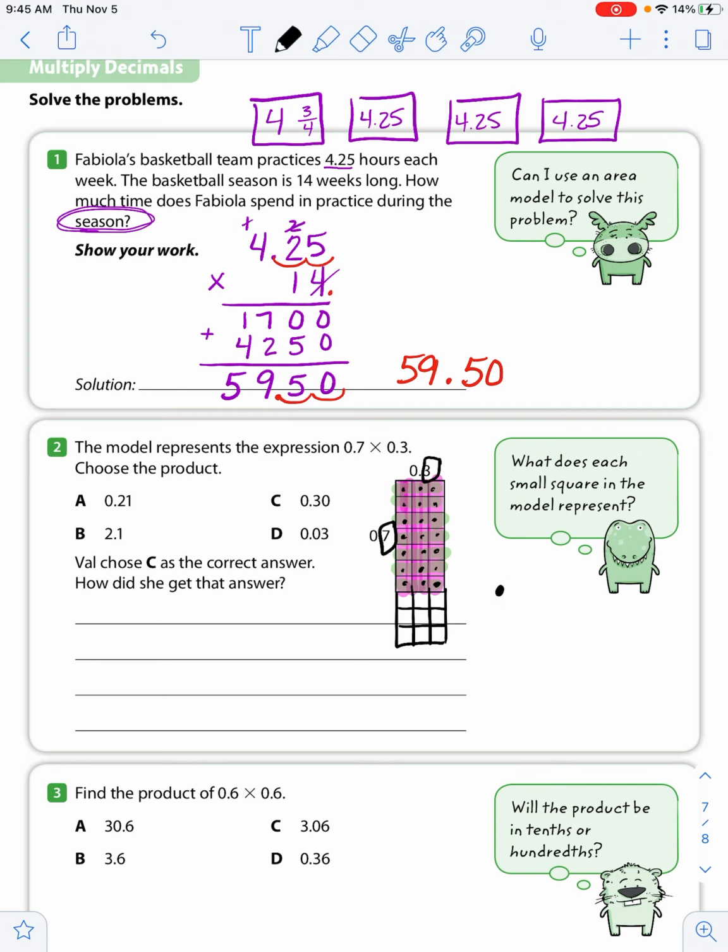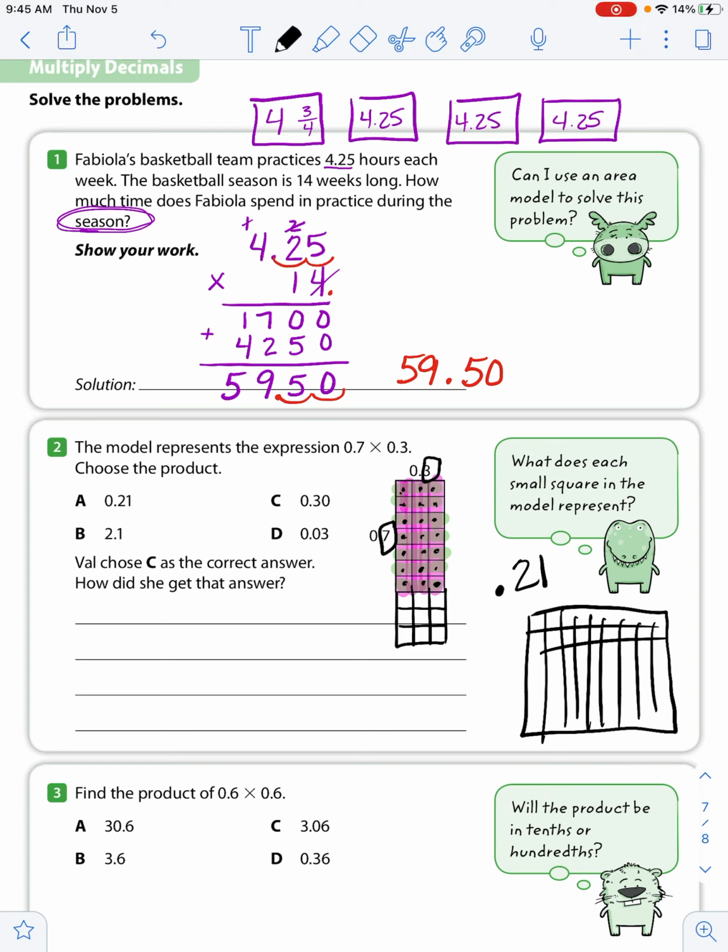So that means there are 21 hundredths shaded, because remember, these are each hundredths on a big hundredths chart where there's 10 across, 10 down. This picture shows 21 of those shaded. So the answer is A, 21 hundredths.